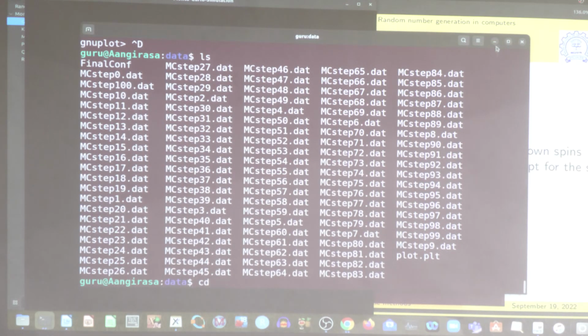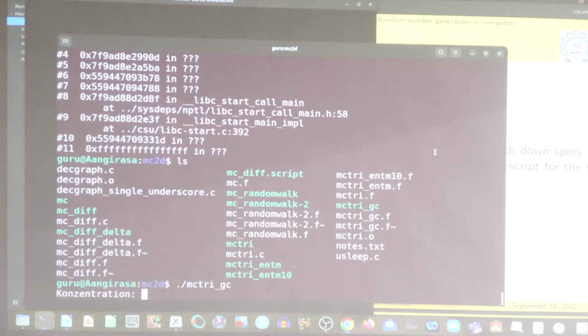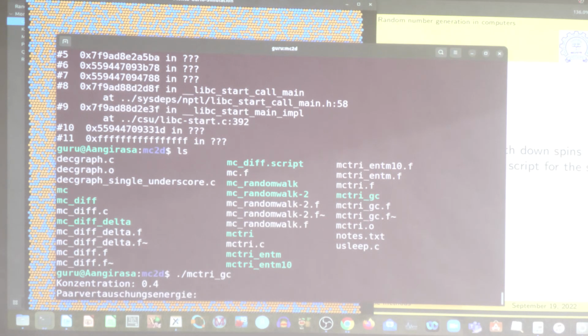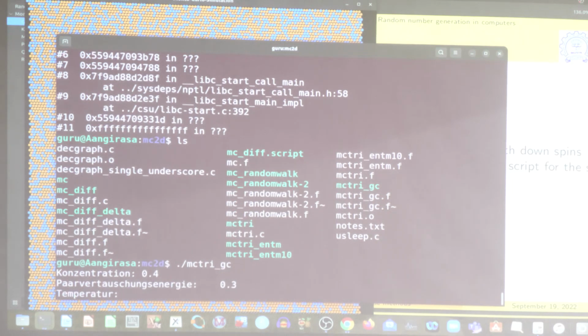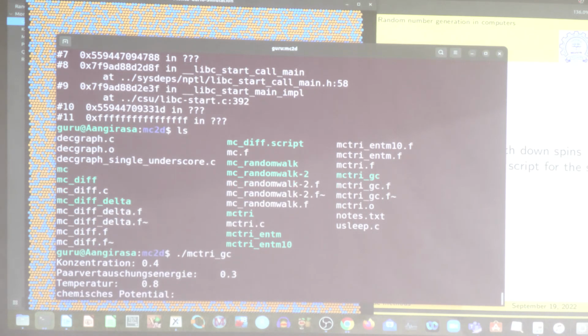I will give some concentration like 0.4 and this energy was scaled 0.2, 0.3. Temperature is 0.8. So, chemical potential. This was also scaled, no?